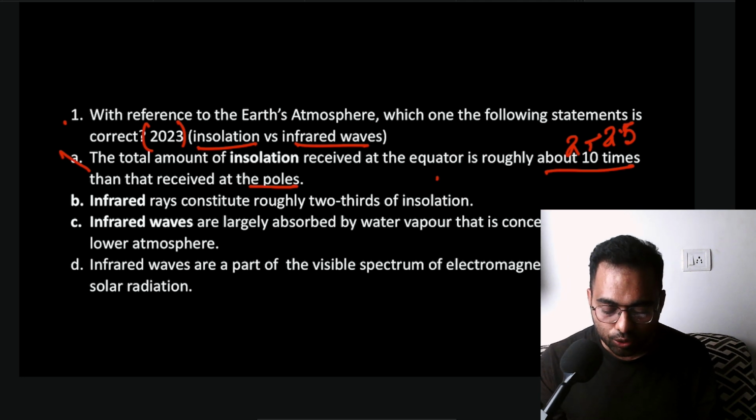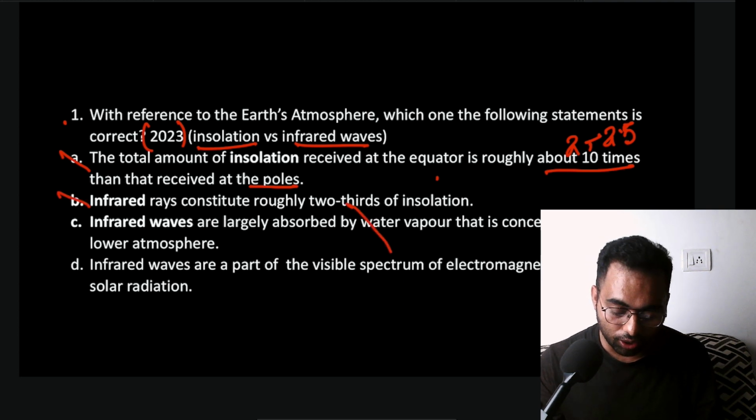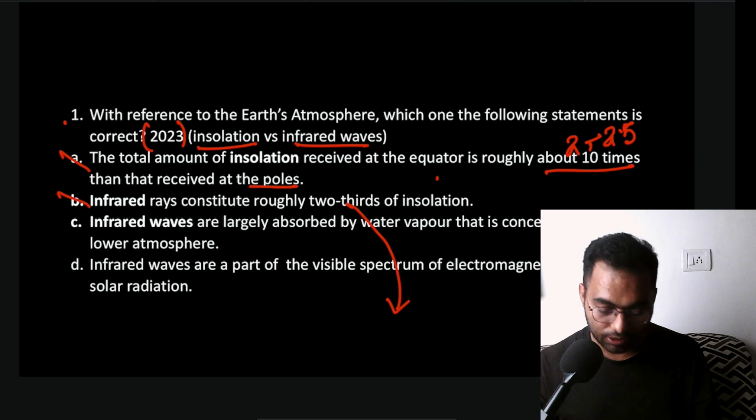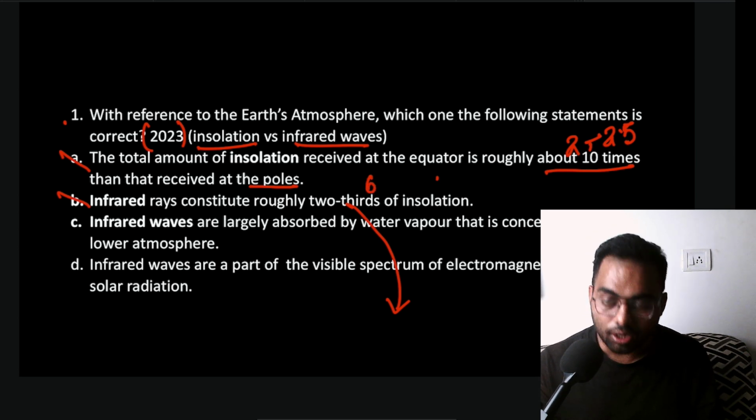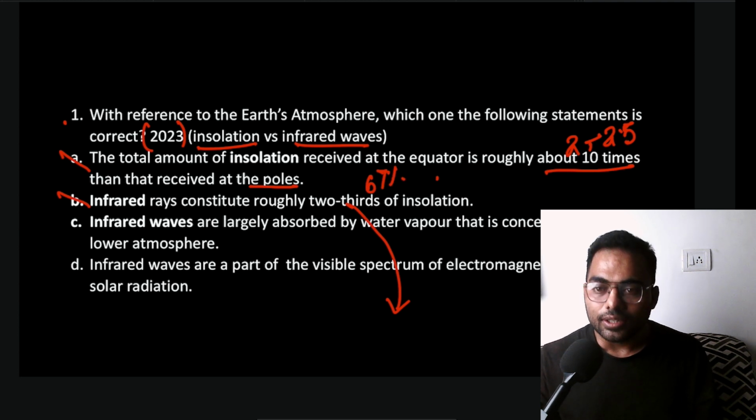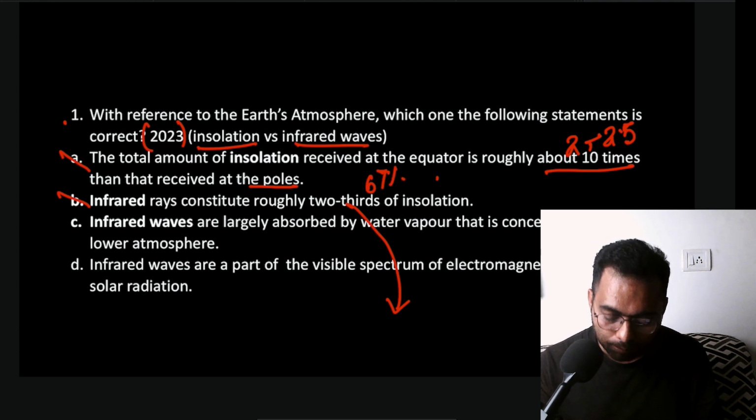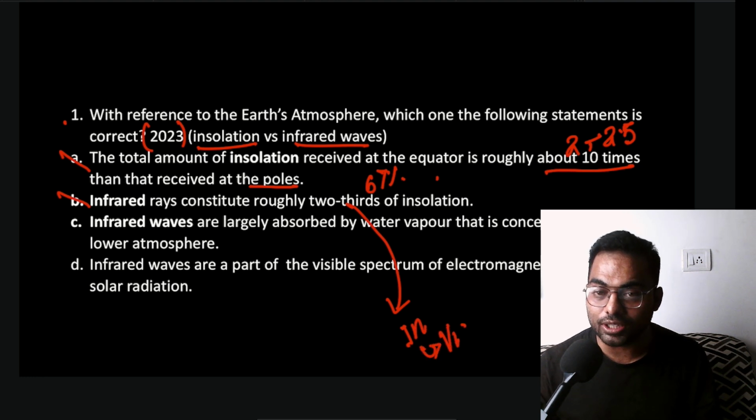Infrared rays constitute roughly 2/3 of insolation. That is again wrong. Why? Because 2/3 means nearly 67%, which is the majority, but we have seen that in insolation, it is the visible rays which constitute the majority. So again, option B is incorrect.